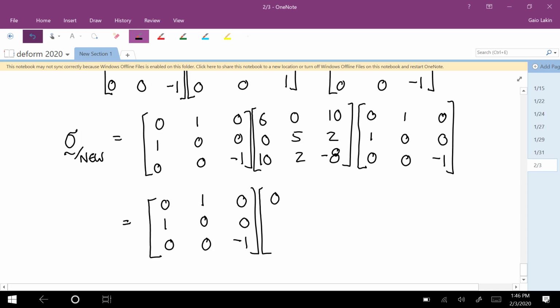You get 0, 6, negative 10. 5, 0, negative 2. 2, 10, positive 8.